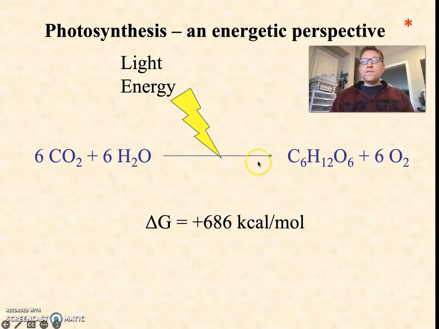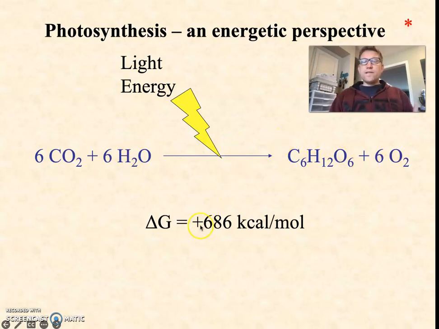So whereas cell respiration released energy, and to be honest, it released precisely 686 kcals per mole of glucose. All you had to do is put a negative sign here to indicate that it's being released, about 40% of which is captured and rearranged, if you will, into ATP that the cell can use in cell respiration. In photosynthesis, we've got CO2 and water being combined into glucose with oxygen as a waste product.